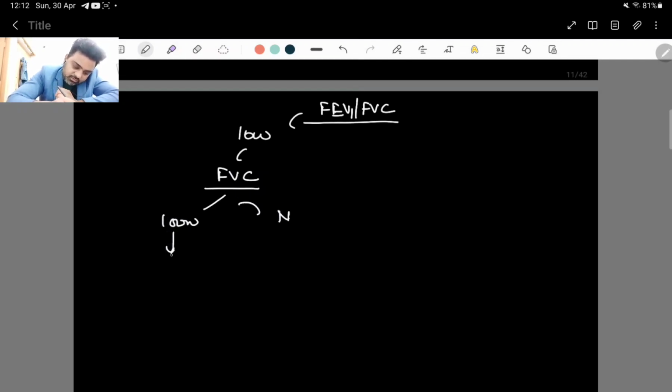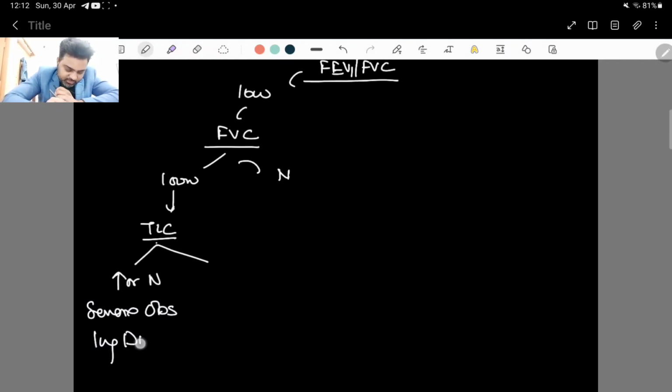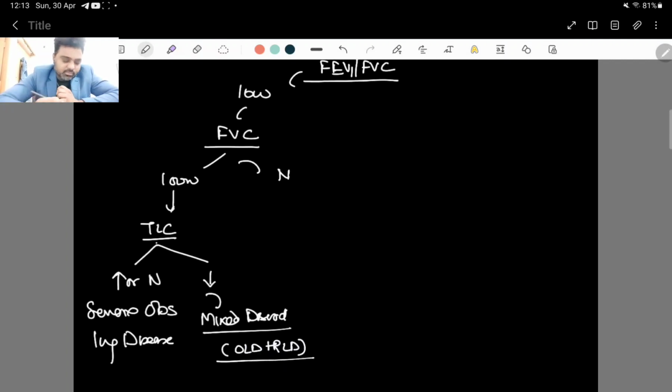If it is low, we will see TLC, that is total lung capacity. If the total lung capacity is increased or normal, it can be severe obstructive lung disease. I have explained this in the previous slide. Or if TLC is decreased, then it is a mixed disorder, not restrictive. It is both obstructive lung disease plus restrictive lung disease, both will be present.